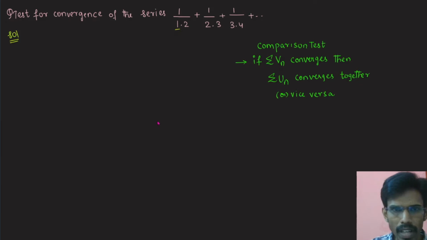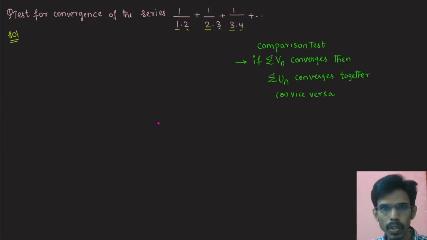Now in denominator we have 1, 2, 3. So 1, 2, 3 all are in arithmetic progression. Its nth term will be n. Similarly, this 2, 3, 4, 5 are also in arithmetic progression. Its nth term will be n plus 1.